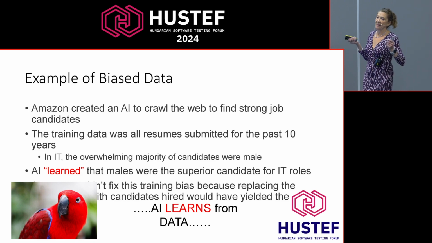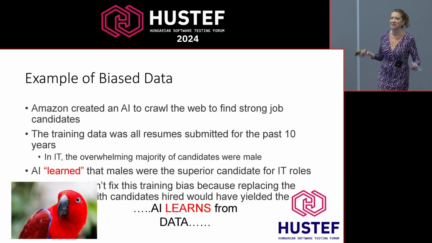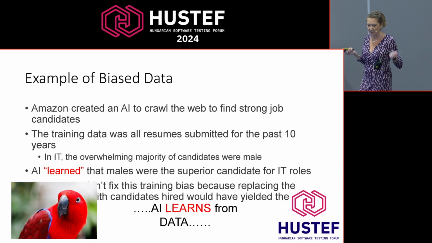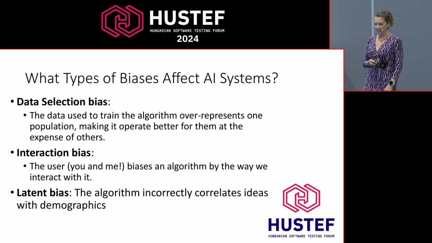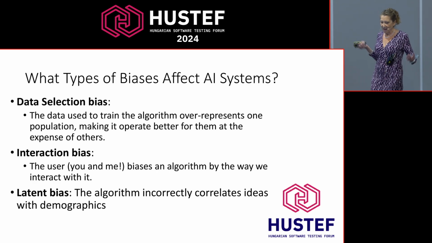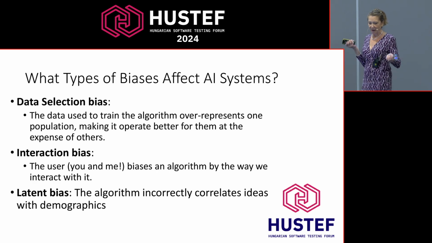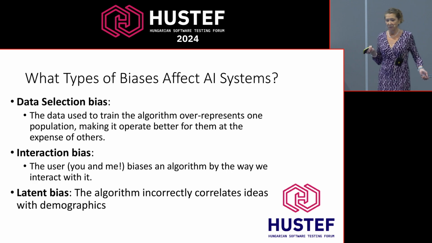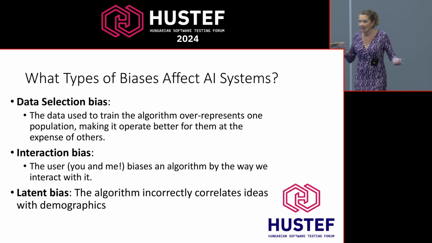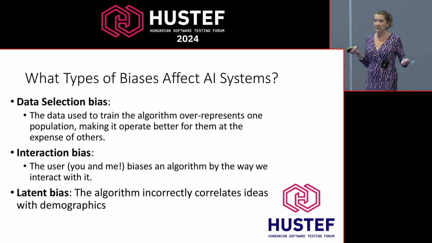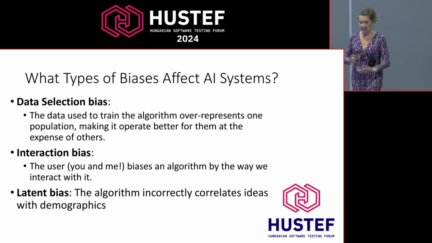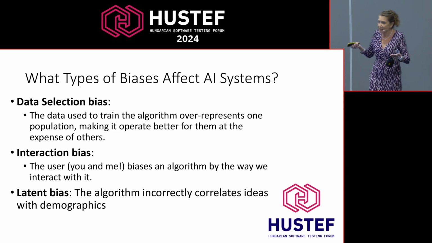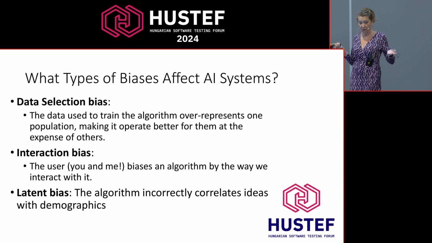AI learns from data. If you remember anything from this presentation, please remember that AI learns from data. So let's look a little at how that happens. We'll look at some of the biases you might encounter. Well, there's a data selection bias. You may not select enough data, or enough data from different domains. The data may train the algorithms, and it could overrepresent certain populations.